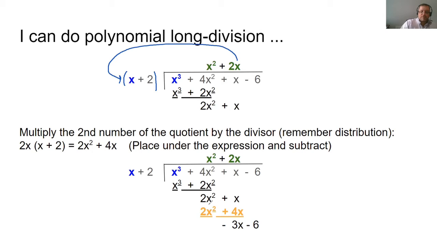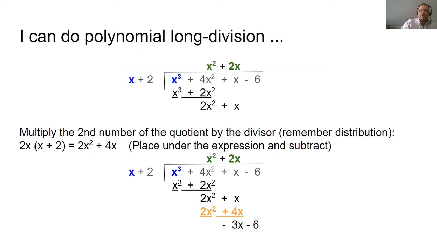I put it here this time, and then I did the same subtracting. This minus this is 0. x minus 4x is negative 3x, and I brought down the negative 6. Same steps. I took the 2x, multiplied here. I remembered my distribution property. I obtained a result. I put it right here, and I subtracted it and continued on to here.